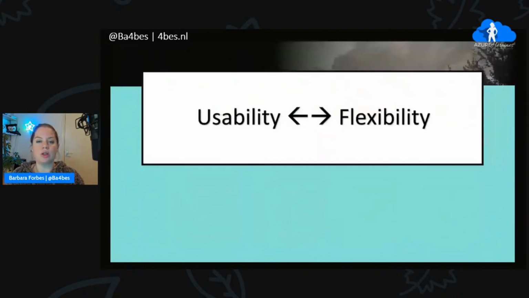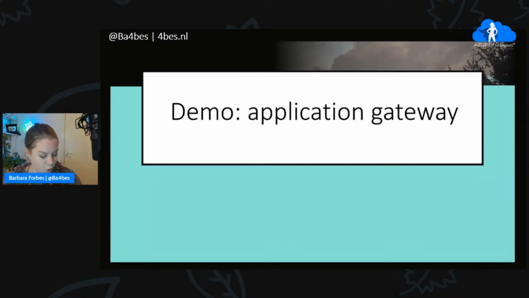But the thing you need to consider is this very important balance. Usability versus flexibility. Often when you get more usability, you lose flexibility, and the other way around. And this can be difficult in large environments and probably guaranteed to change one time or another. I'm going to show you what I mean.